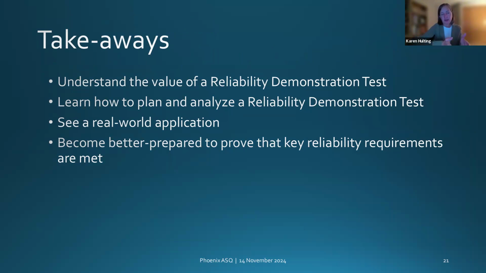I've shown some rules of thumb for planning, and then very specific instructions for how to analyze that reliability demonstration data, in particular using a cycles to failure approach rather than fewer units taken to more cycles rather than lots of units taken to fewer cycles.